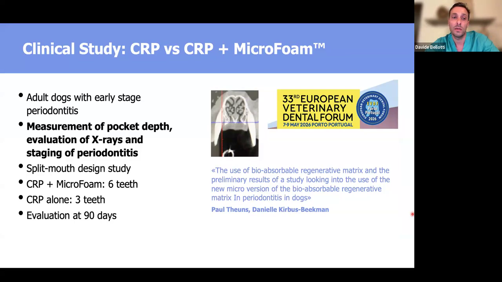They included adult dogs with early stage periodontitis. They measured the pocket depth and evaluated with X-rays for staging of periodontitis. They did a split mouth study, one side with CRP and MicroFoam, and one side with CRP, closed root planing alone, and evaluation at 90 days.